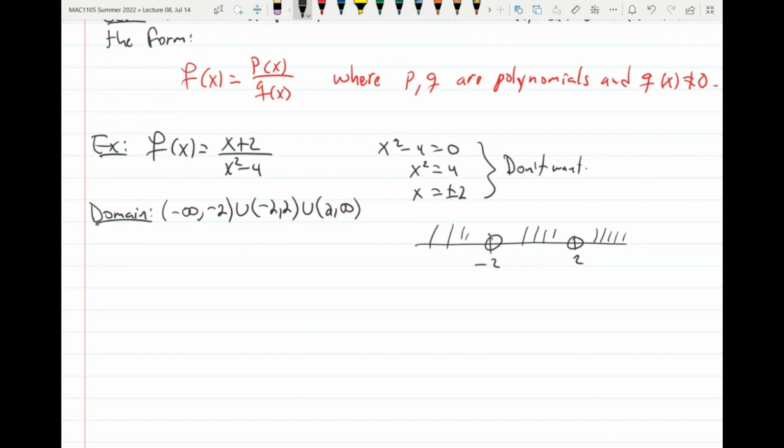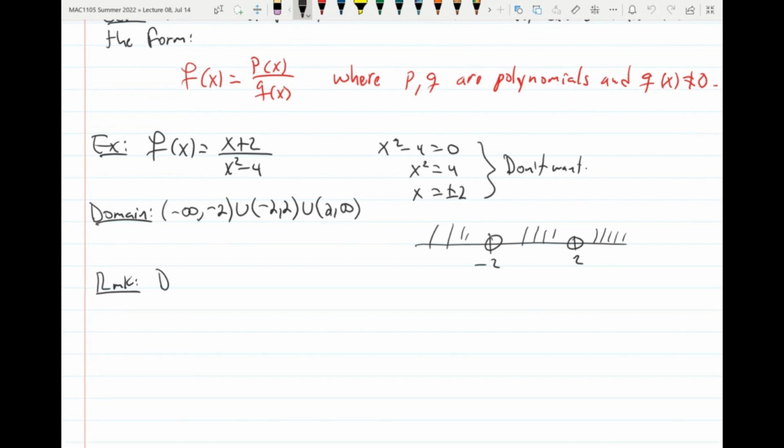So another question, so by the way, a remark: if you want to find the domain of a rational function, all you have to do is find the values that make the bottom equal to 0 and then you exclude them. Okay?